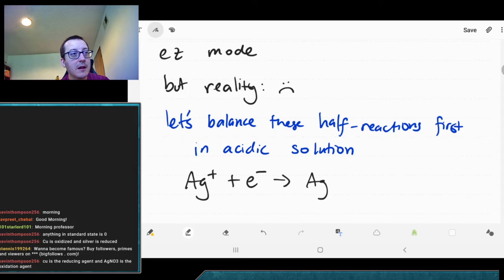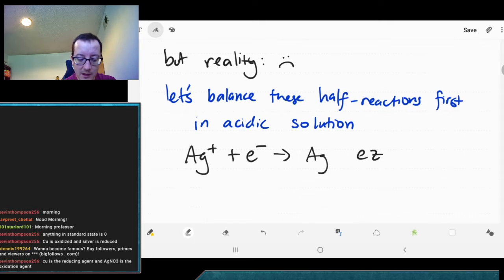But when we're dealing with more complicated ones that are not just one atom gaining an electron, we're going to see things become a bit more complicated. So let's look at a more complex example. I have quite a few from our book that we can use. Let's start with, how about we do this one?